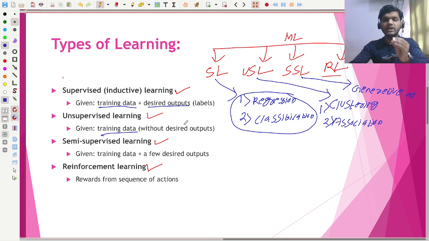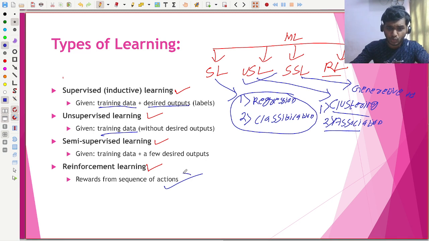You will give only training data in unsupervised learning, and clustering and association are part of unsupervised learning. Then semi-supervised learning: you will give training data with a few desired outputs. In reinforcement learning, rewards come from a sequence of actions. It totally depends upon the rewards.